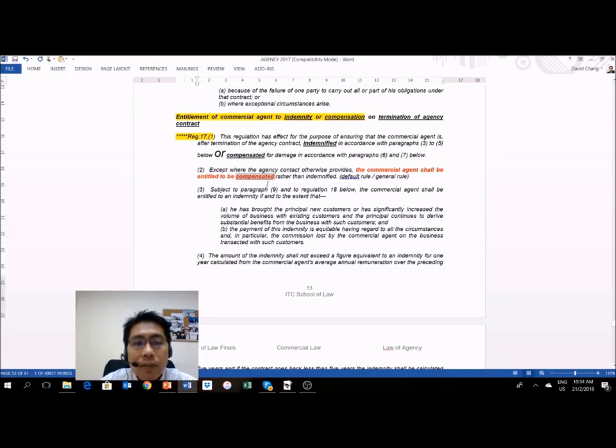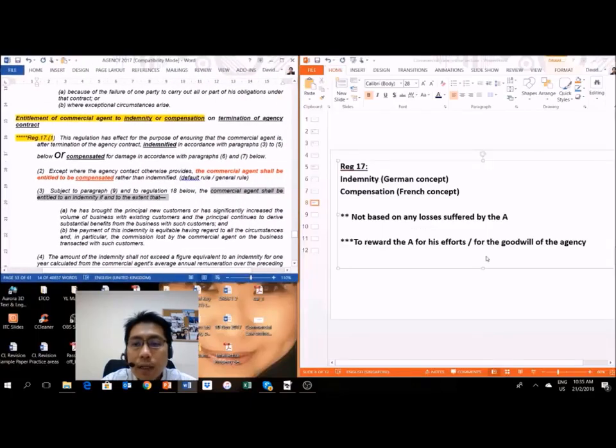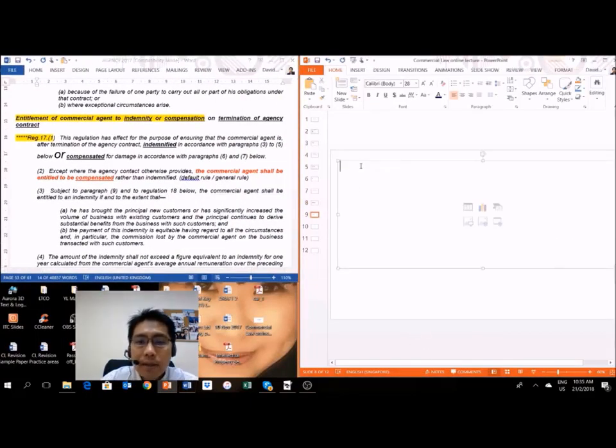Now, Regulation 17.3 and 4 talks about indemnity, right? You find here that the commercial agent is entitled to indemnity, provided that they satisfy 2 conditions. So let me structure your notes on this, where we now look at the concept of indemnity.